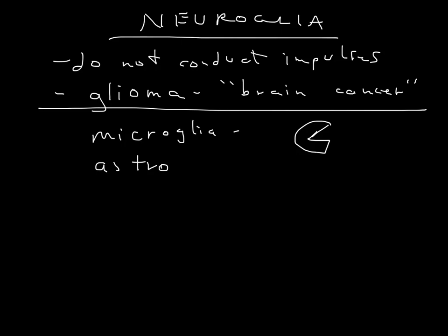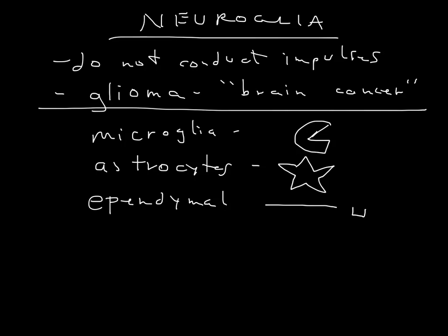Astrocytes, which are shaped somewhat like stars and use these arms to physically support and anchor neurons. Ependymal cells, which form up like epithelial cells, and they possess these cilia that allow them to circulate cerebrospinal fluid, which they also create, which cushions the brain and spinal cord.